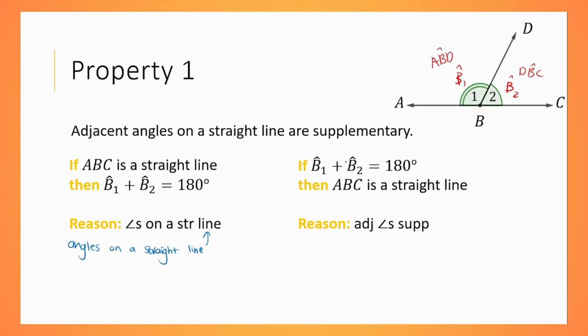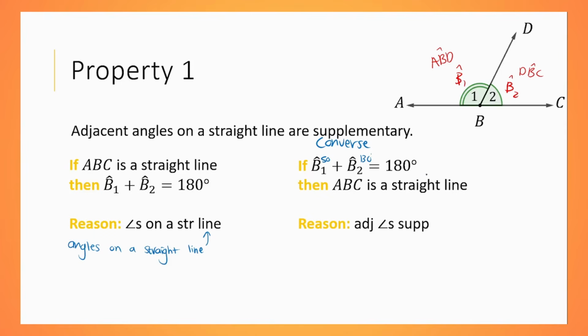Anyway, we also have the converse of this theorem or property. In maths, we talk about the converse of a property, which is the opposite of the property. It is if we tell you, or if you calculate, that when you add up these adjacent angles, it gives you 180 as an answer. So for example, you got 50 and 130 for the two angles.